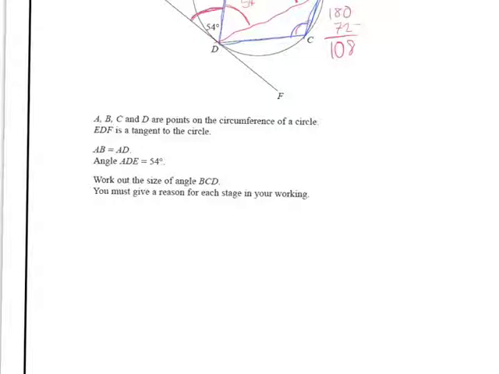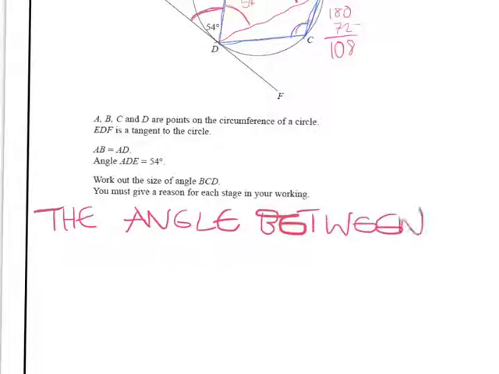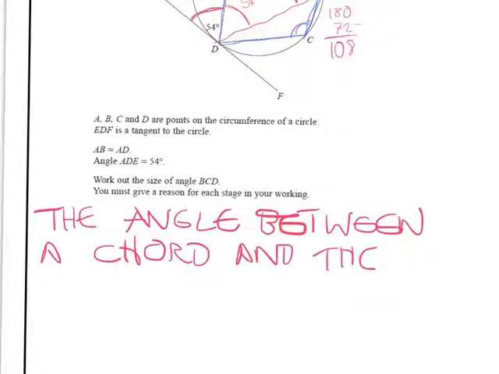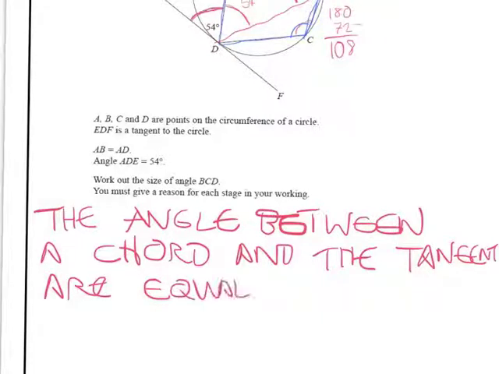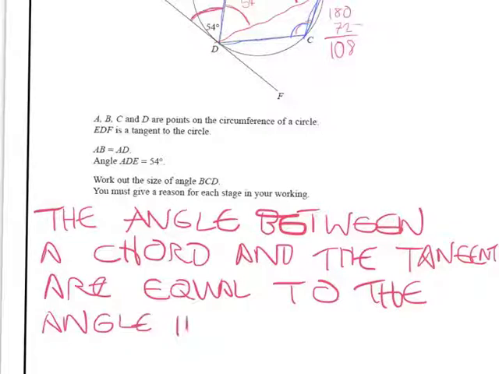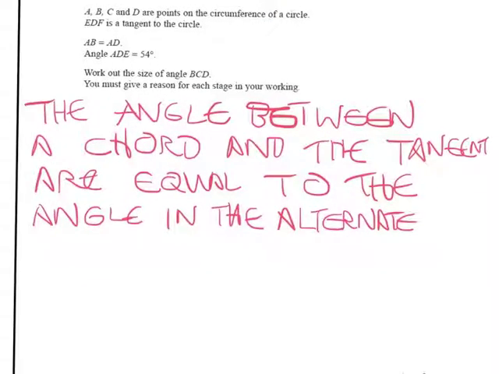Now the angle segment theorem is the angle between a chord and the tangent are equal to the angle in the alternate segment.